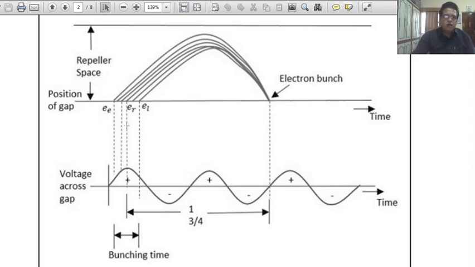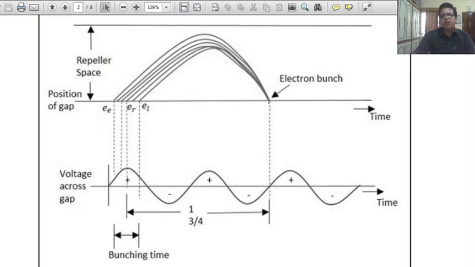Now here we are taking 3 electrons. ER is the reference electron, the center electron, EE is the earlier electron, and EL is the later electron.